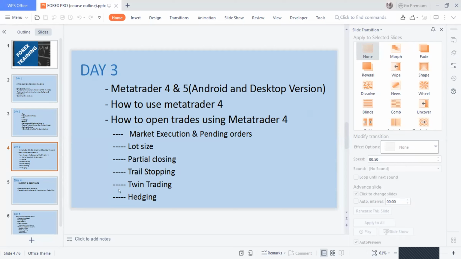Let's start. What exactly is partial closing? Partial closing is when you book part of your profit in the forex market.